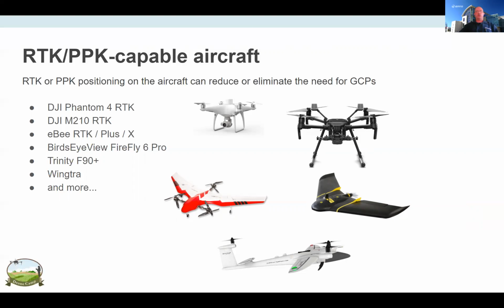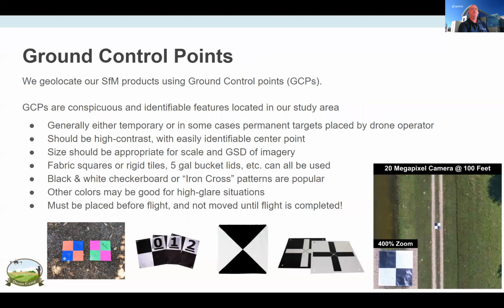Some of those vendors also sell an RTK GPS base station that can go with it, that can communicate with the aircraft and transmit corrections to it. And some of them you're on your own in terms of that, or they're intended to use more PPK, which is an after-the-fact post-processing methodology.